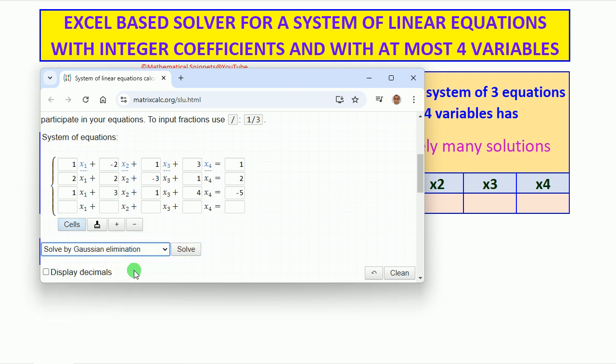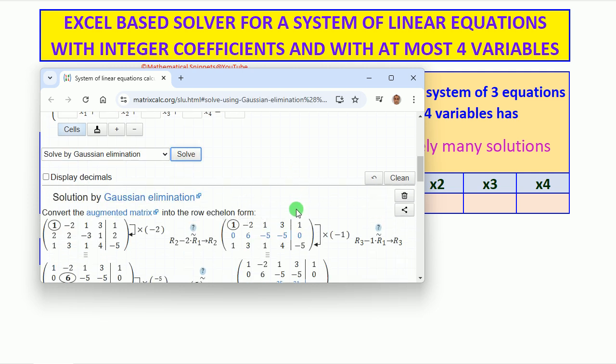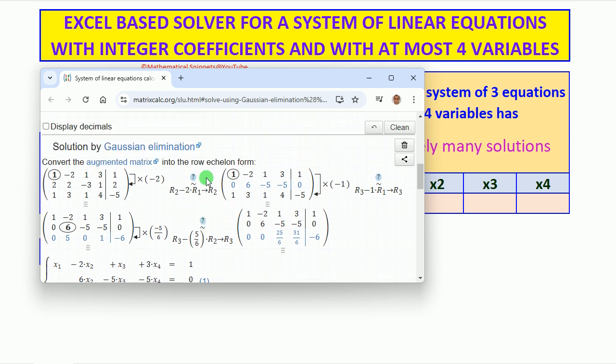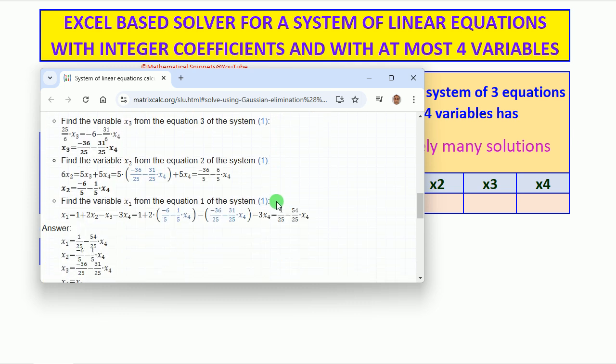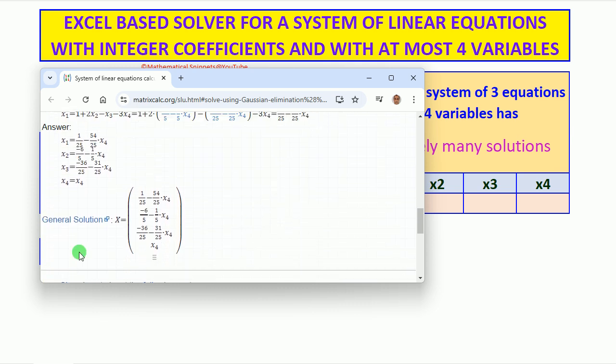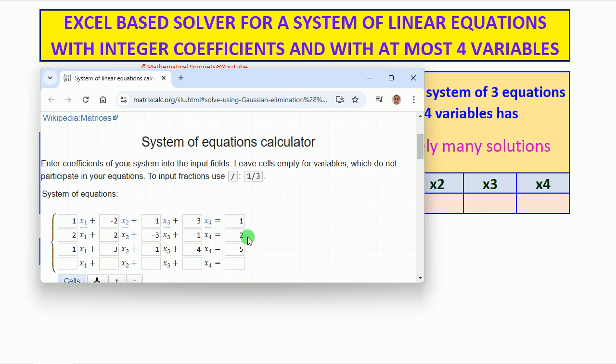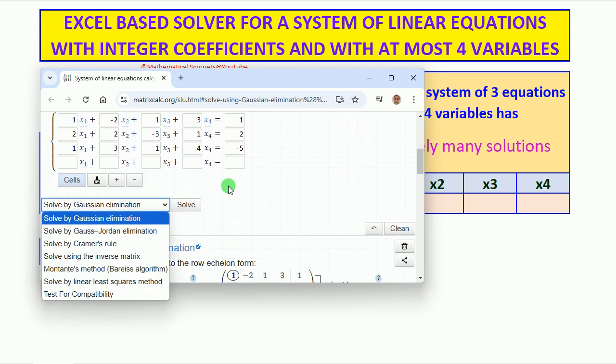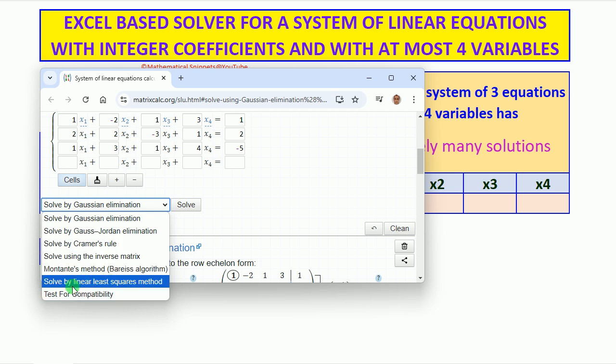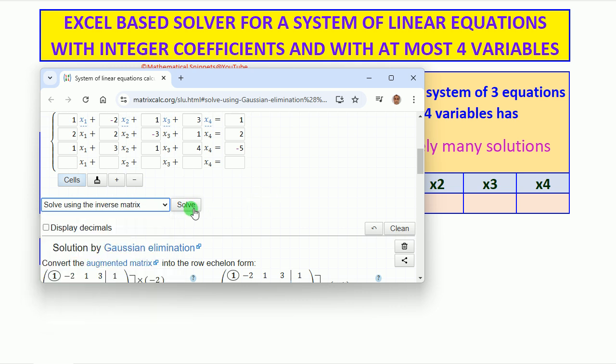So many rules are there. This is a little bit sophisticated, the Gaussian elimination method. It solves it in terms of x4. That means there will be an infinite number of solutions. The inverse matrix method also doesn't work. So as you see, this has infinitely many solutions.